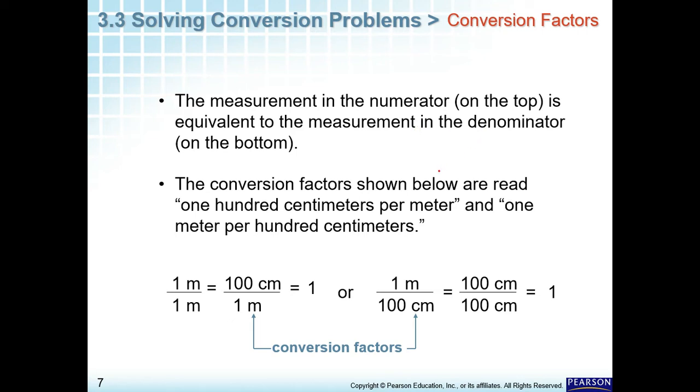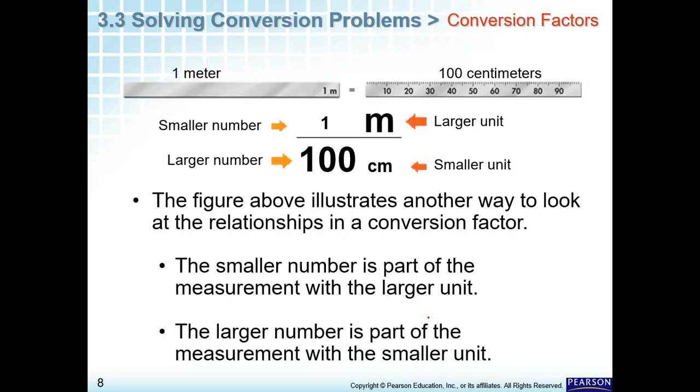And the way that we read these is "per" for that little bar. So for example, on this conversion factor right here, we read it as 100 centimeters per meter. Or over here, we can say 1 meter per, that's what the little line means, 100 centimeters.